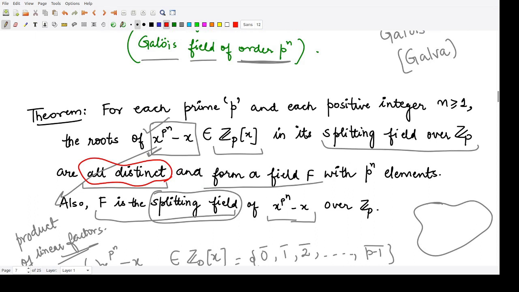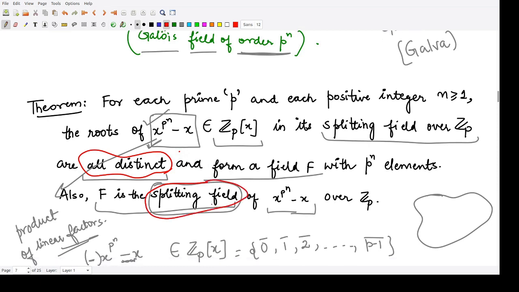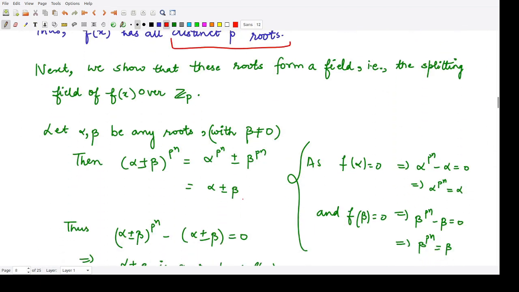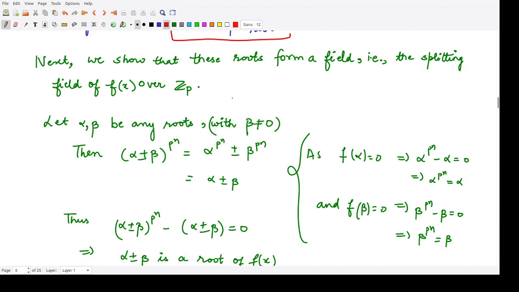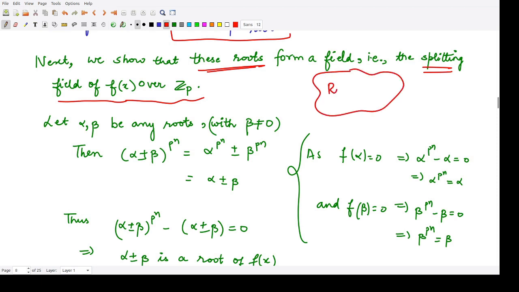So one part of this theorem is proved: all the roots of this polynomial are distinct. Now we have to prove that the set of all these distinct roots forms the splitting field of the given polynomial. For that, we collect all the roots of this polynomial and show that they form the splitting field of f of x over Zp. So we construct a new set consisting of all the roots of x to the power p^n minus x belonging to Zp[x].